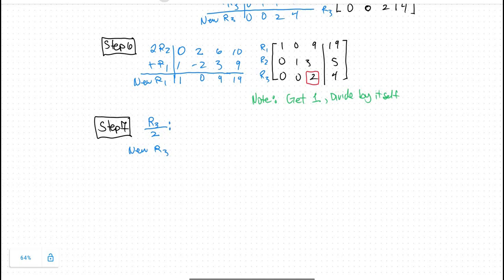All right, so 0 divided by 2, 0 divided by 2, 2 divided by 2, 4 divided by 2. So then that's going to be 0, 0, 1, and 2. That's your new row 3. Everything else stays the same.